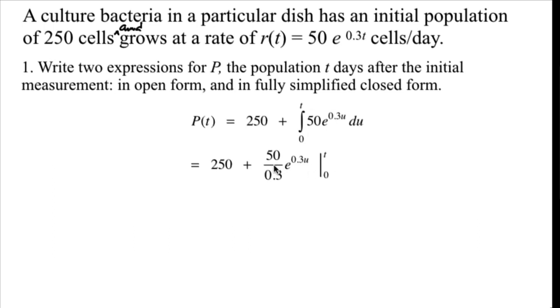So we need to divide by 0.3 to take care of that little chain rule in the derivative. Does that make sense? Okay, and so then that's evaluated from 0 to t. We still have the plus 250. Okay, but since I'm plugging in 0, I don't have to worry about that, right? All I have to do is plug in t and add that to 250, right?